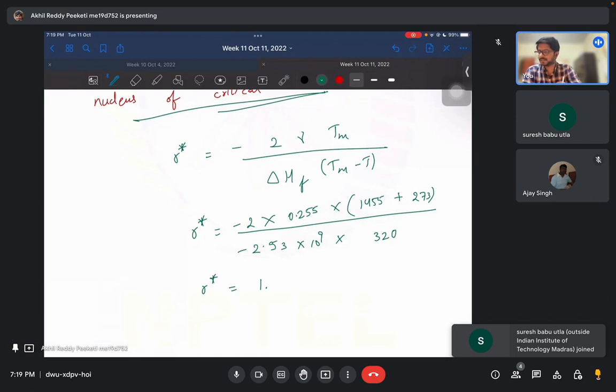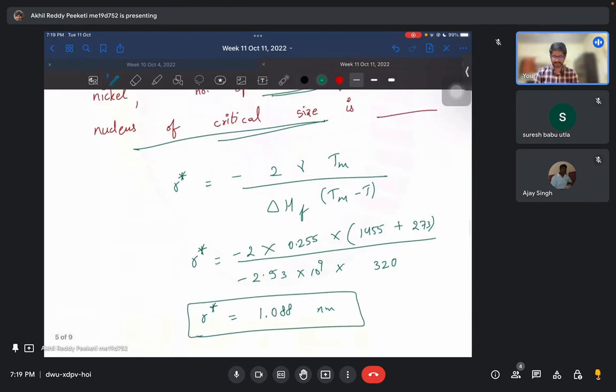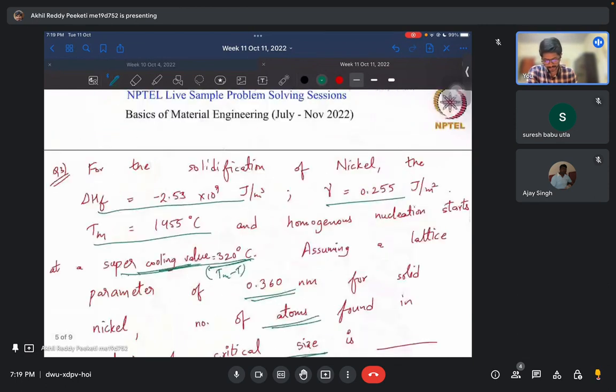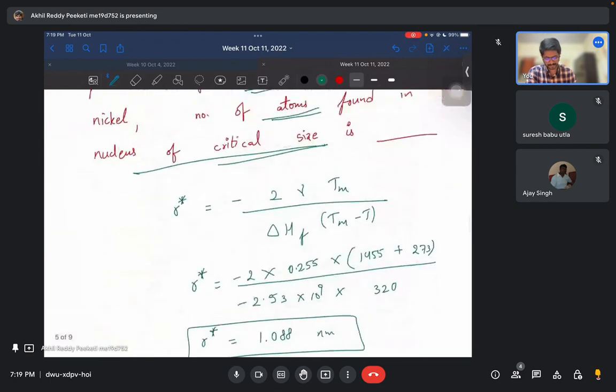So you'll get around 1.088 nanometer. So this is the critical radius for nickel with a supercooling of 320 degrees Celsius and melting temperature of 1450 degrees Celsius. Okay.